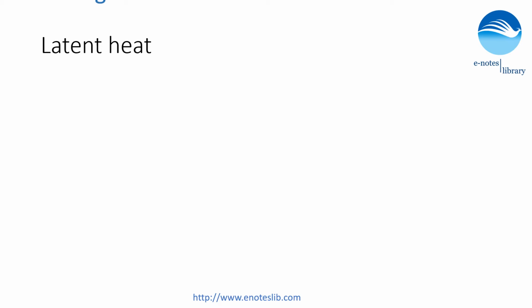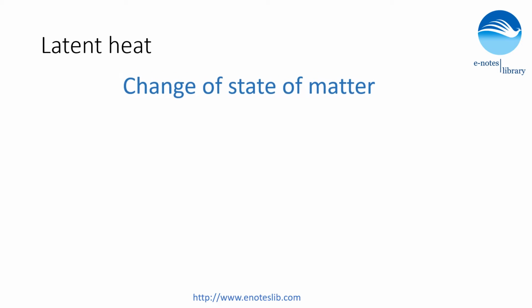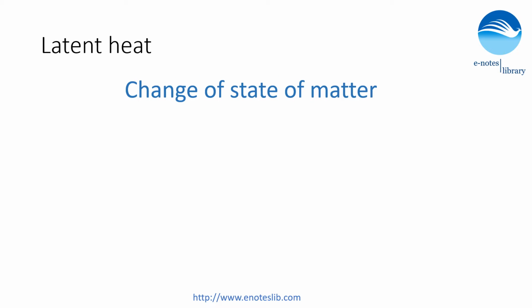So our today's topic is latent heat. When a substance changes its state at a constant temperature, for example, from solid to liquid, or liquid to gas, heat energy is involved.